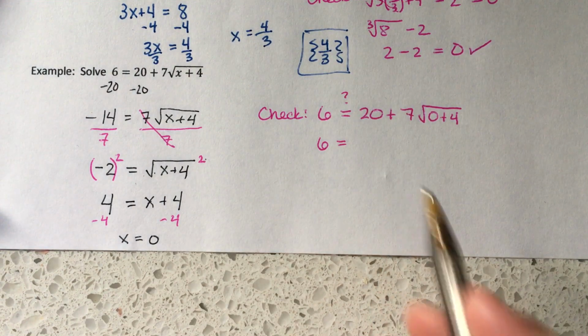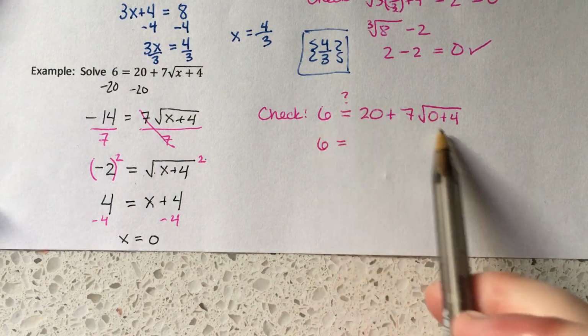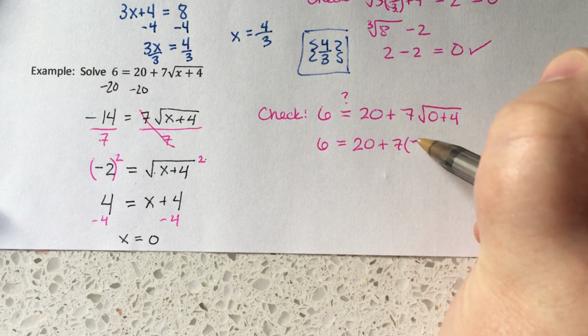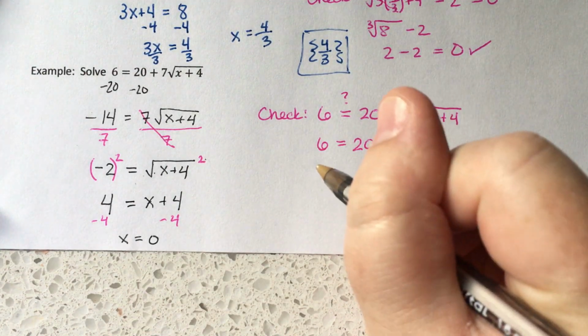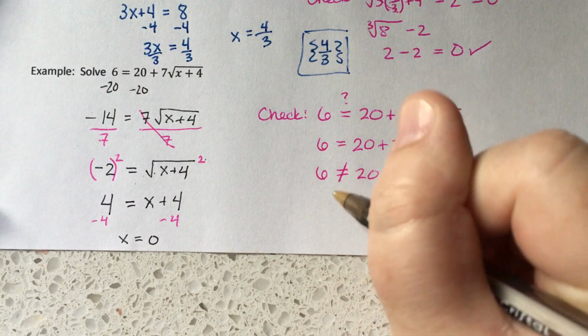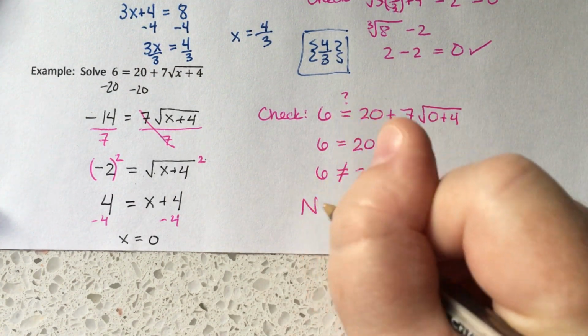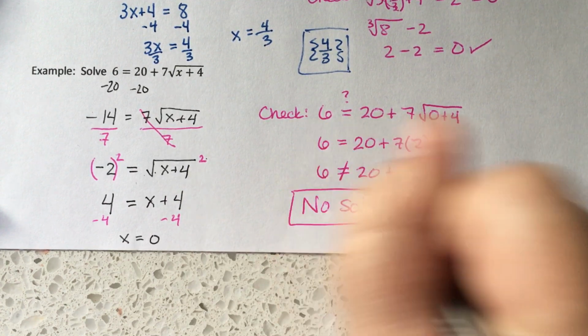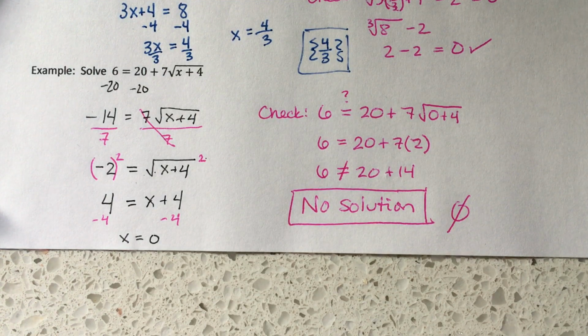And sometimes that question mark makes it clear I'm checking. I don't know whether this equals 6 or not. 20 plus 7 times 2. Yeah, that's not going to equal 6. 6 does not equal 20 plus 14. So this is, again, no solution. Or you can use that special symbol.